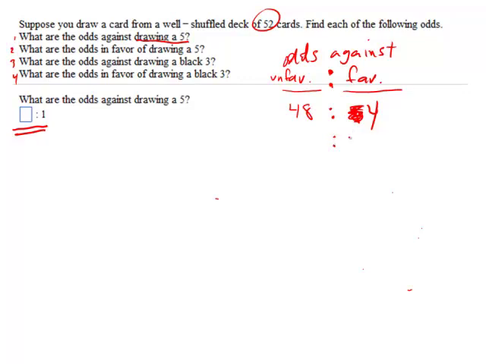And so they want you to divide this by 4 and divide this by 4 to give the answer in lowest terms, I guess. It's kind of what they want you to do. So we get a 1, that's the one that they want. And then 48 divided by 4? 12. So 12 to 1 is the answer.